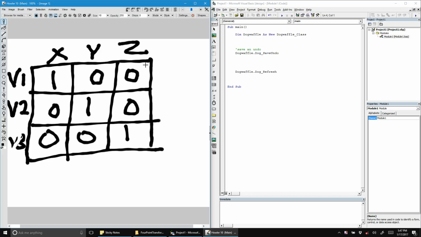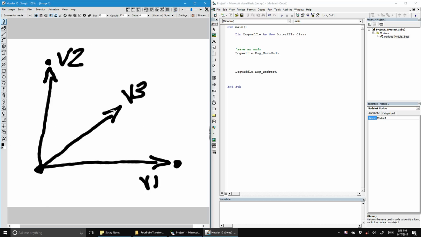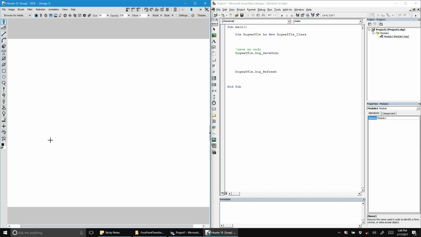Now, as you see in this 3 by 3 matrix, we defined a coordinate system. We defined exactly what we drew here. Now we could hypothetically rotate or scale this coordinate system, say 45 degrees, and we get something like this. That would be a coordinate system in itself. And this would be the new y, and this would be the new x, and that would be the new z.